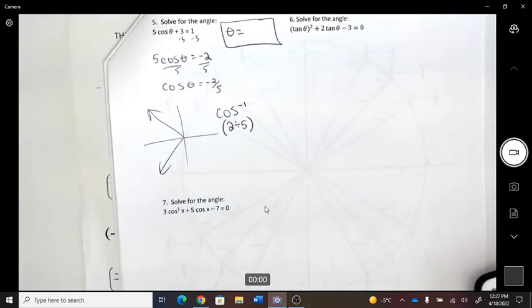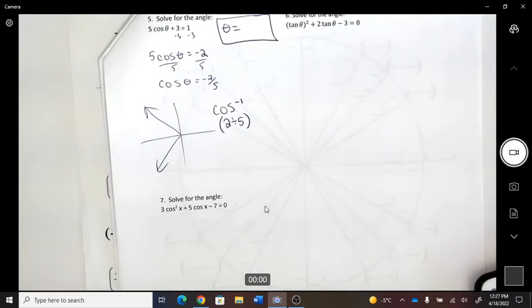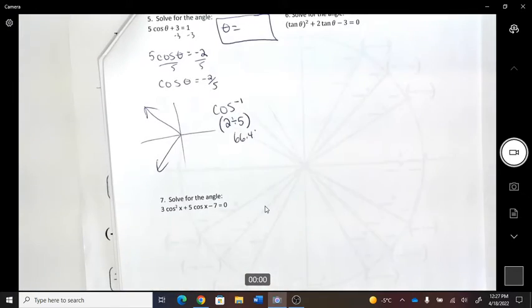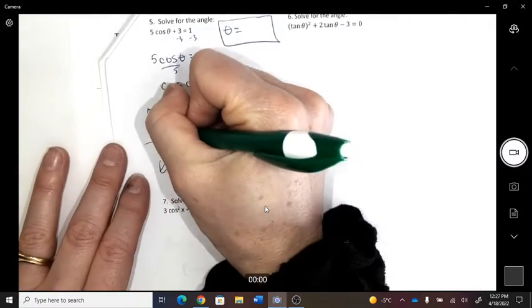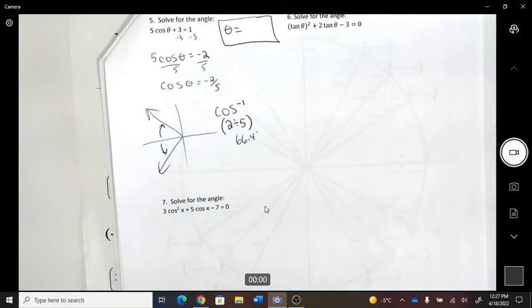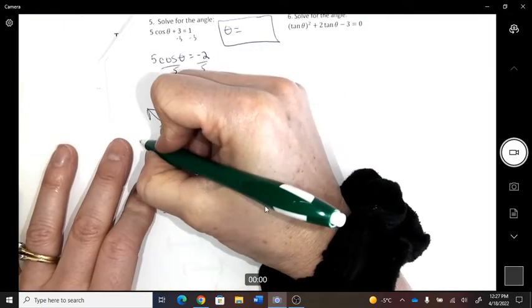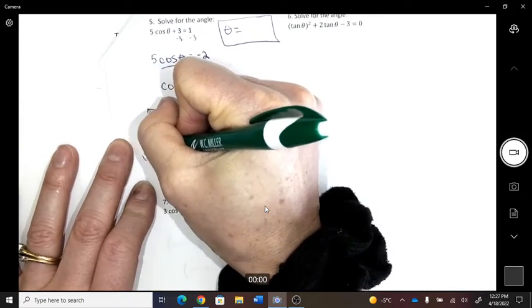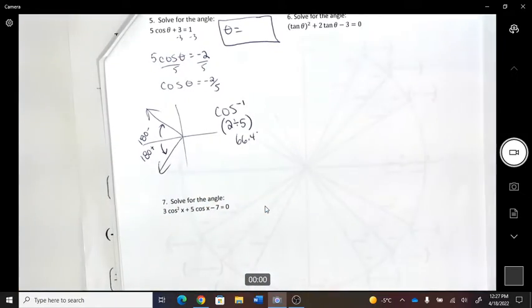I'm only going to do 2/5, no negatives in there. Okay, that will always give me the reference amount. So this answer, I'm going to do 180 minus that, and then that one I'm going to do 180 plus that.